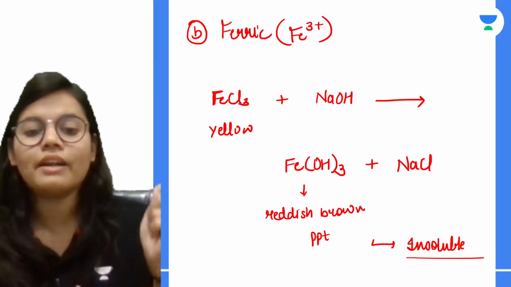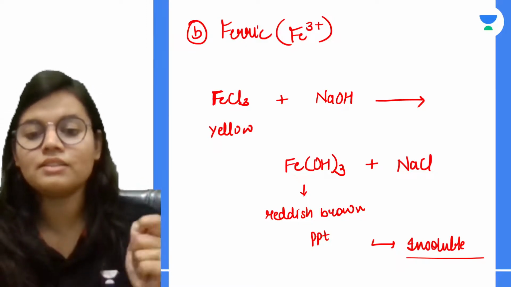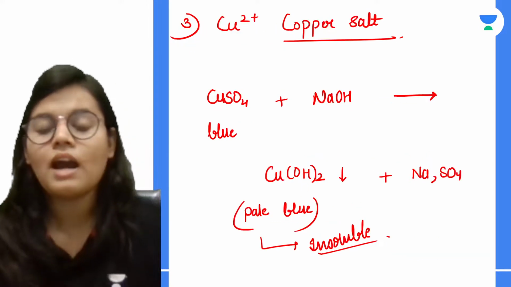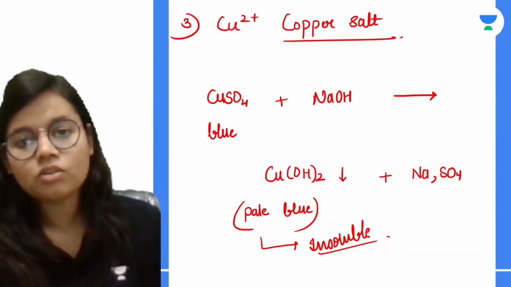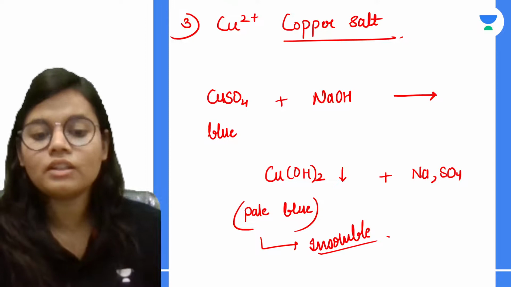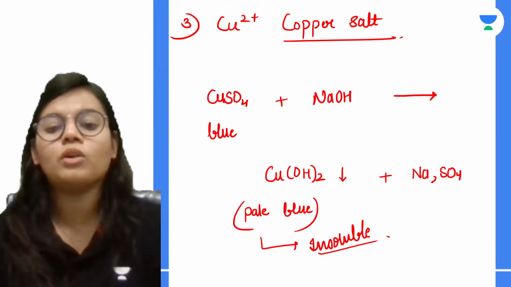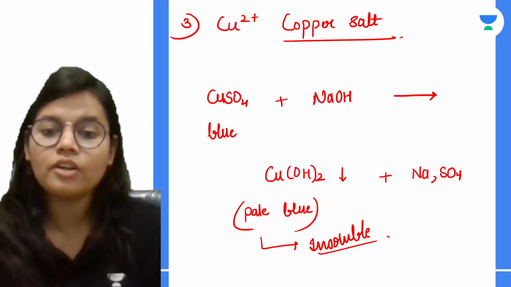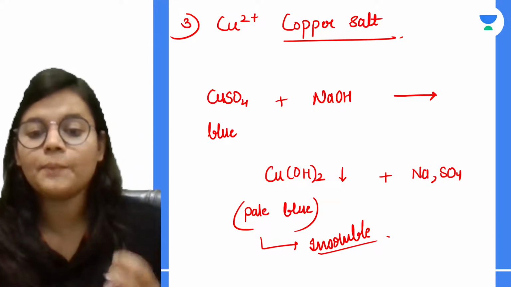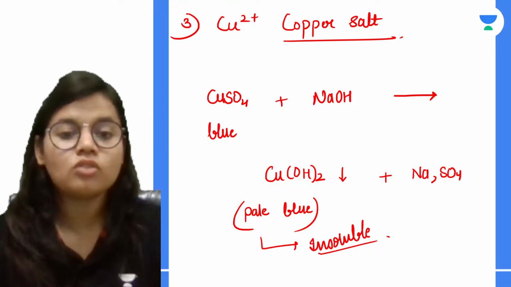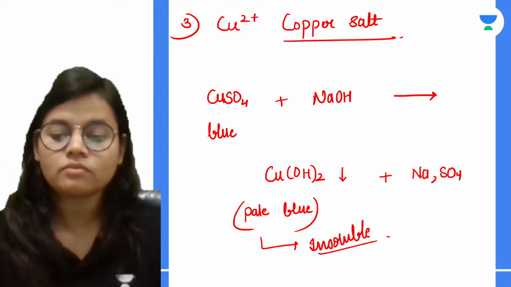So this reddish brown color means that there is a presence of ferric salt. After that, we learned about copper salt. We take any salt containing copper, and when it reacts with sodium hydroxide, we get copper hydroxide, which is a precipitate in pale blue color, and again it is insoluble in the water.